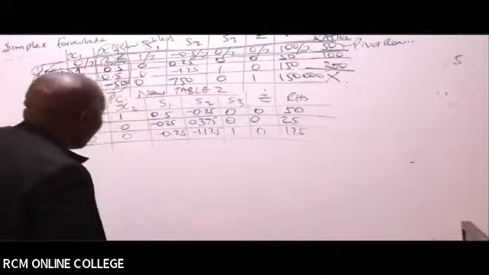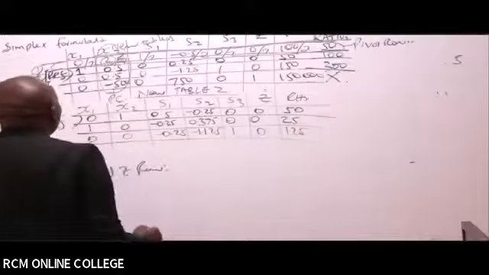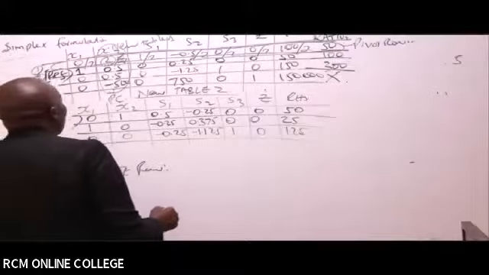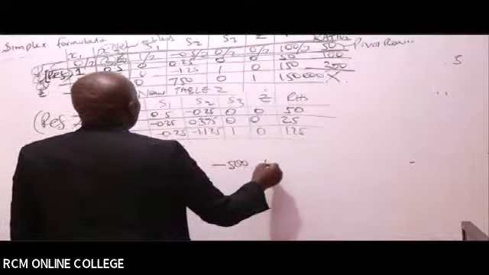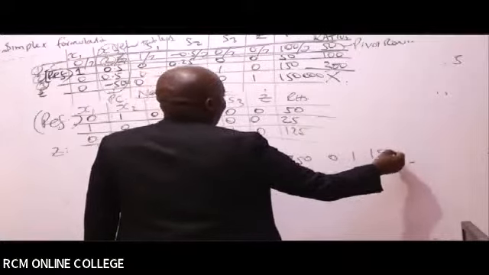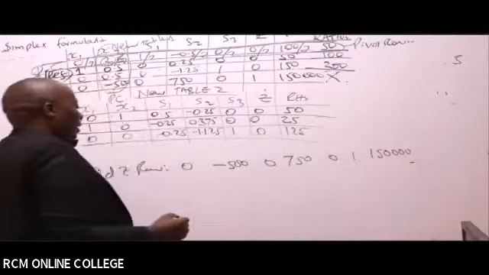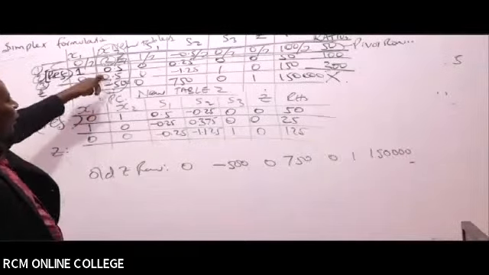So come and give me the old Z row. The old Z row, what do we have here? 0, minus 500, 0, 750, 0, 1, 150,000. Great. So out of these numbers, I can see the one that is circled, the one that is under the pivot.